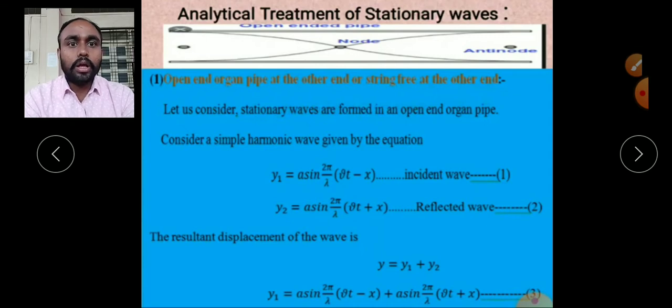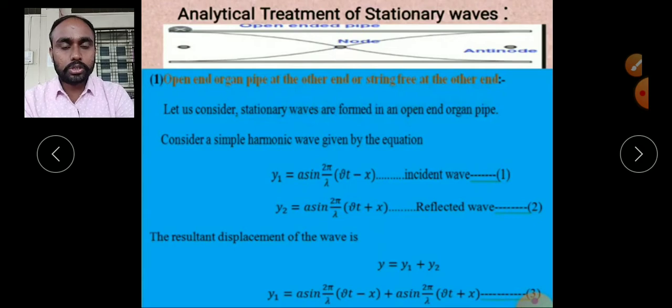So when we talk about stationary waves, whether in an organ pipe or a string, when we produce stationary waves within it, we will see that at the end of that organ pipe or at the end of the string, you will always find antinode, and at the center it is node.